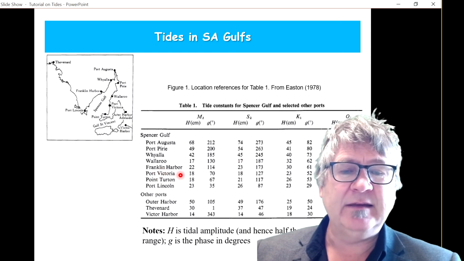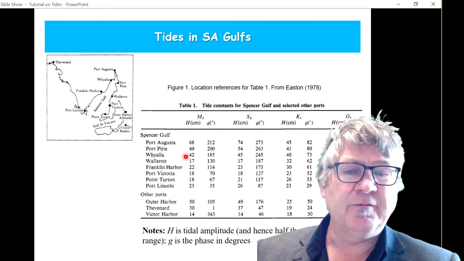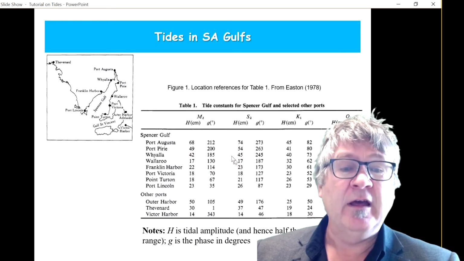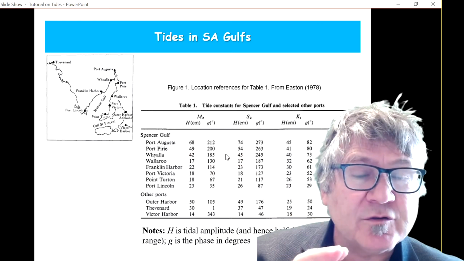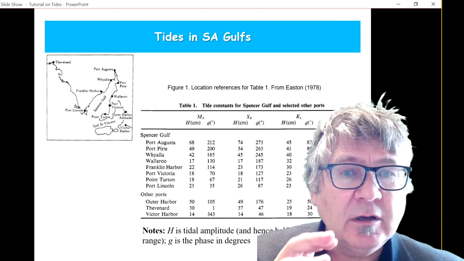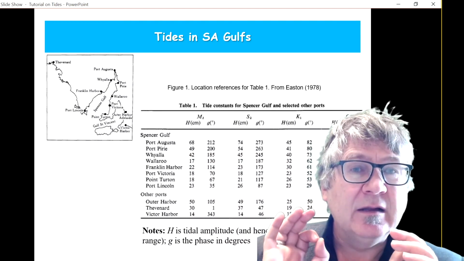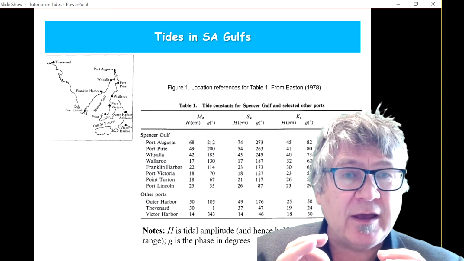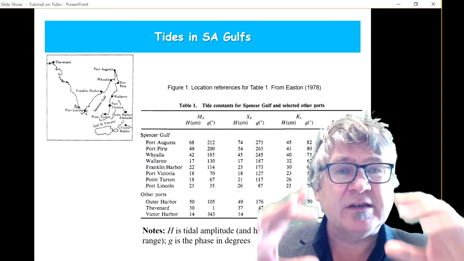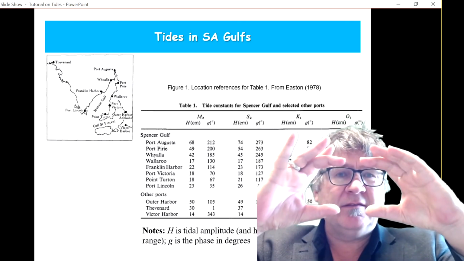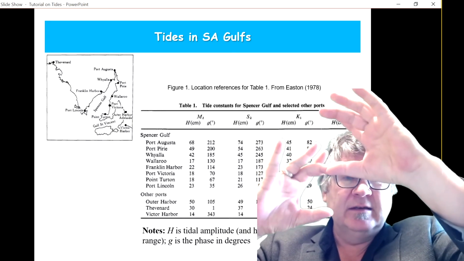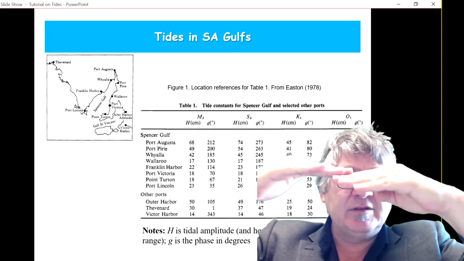Port Victoria, 18. Whyalla, 42, 45. They are very close. Think about the interference of 2 waves. If the amplitudes are very, very close to each other, it means sometimes you get twice, and at other times you get nothing.